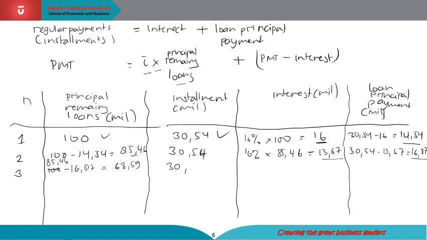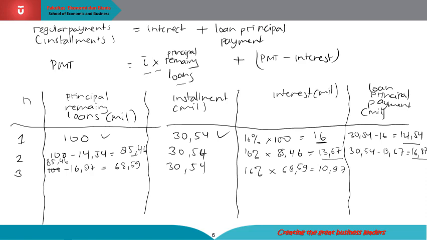Okay, now 30.54 is the installment, and this is the 16% out of 68.59, which is 10.97.